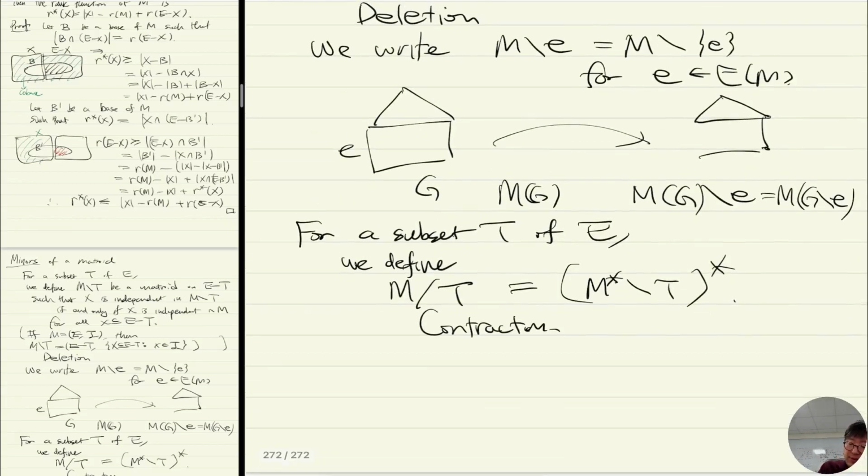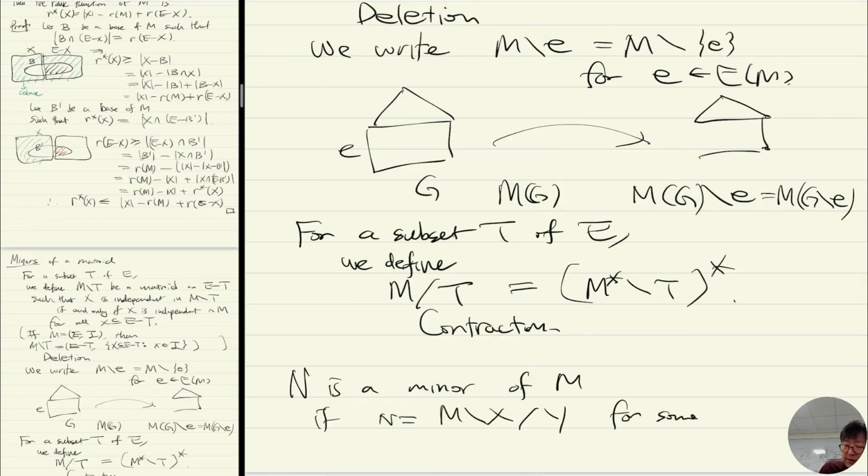All right. And then N is a minor of M if N is equal to M delete X contract Y for some X, Y that are disjoint.